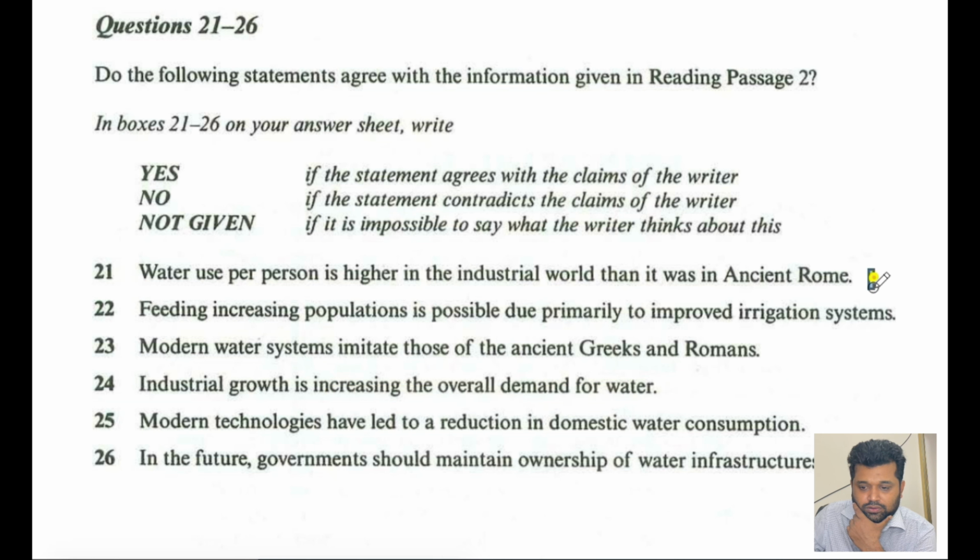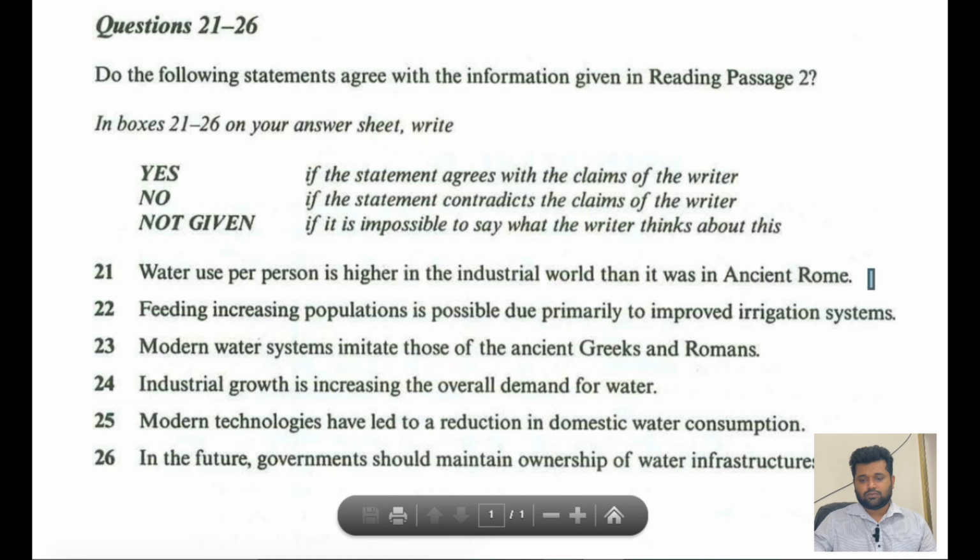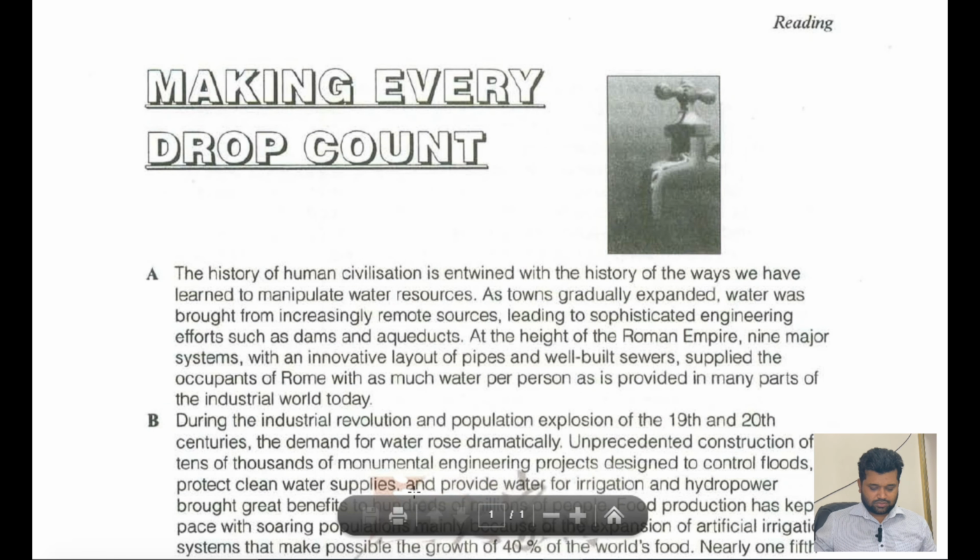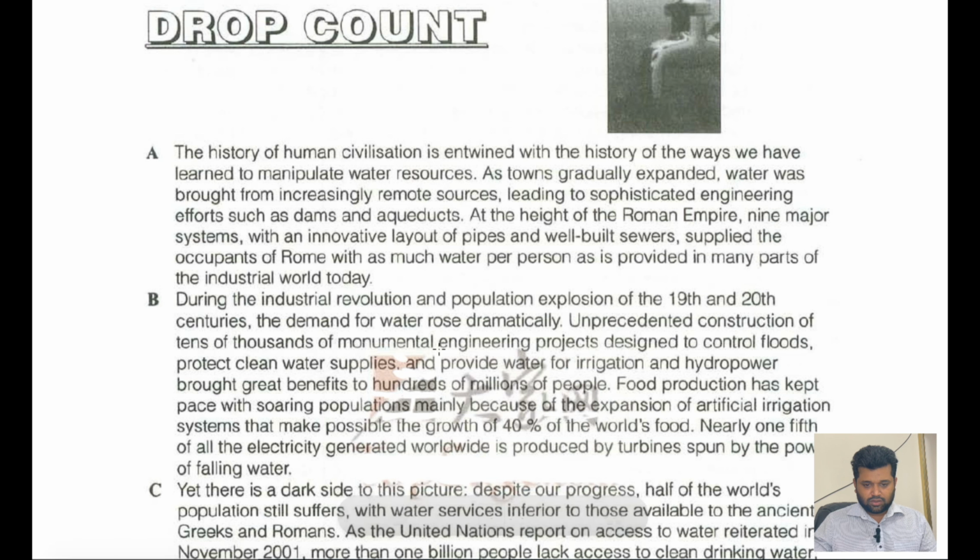Okay, then we go to the second para. We'll have also an answer in the second para. During the Industrial Revolution and population explosions in the 19th and 20th centuries, the demand for water rose dramatically. Unprecedented constructions of tens of thousands of monumental engineering projects designed to control floods, protect clean water supplies, and provide water for irrigation and hydropower.